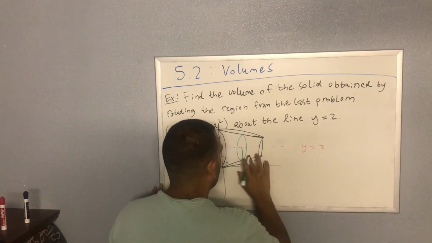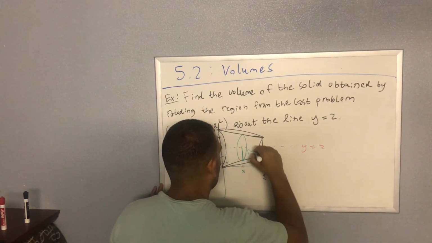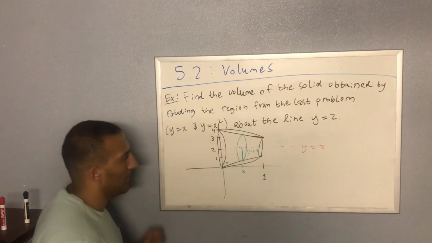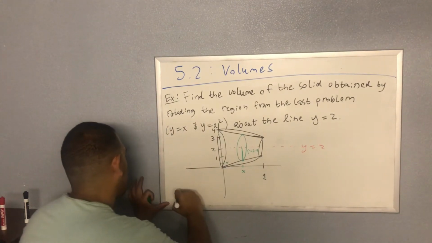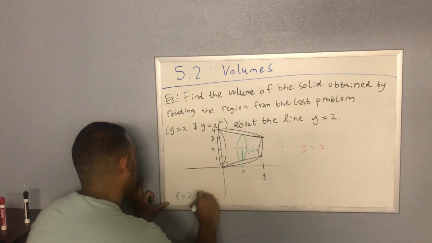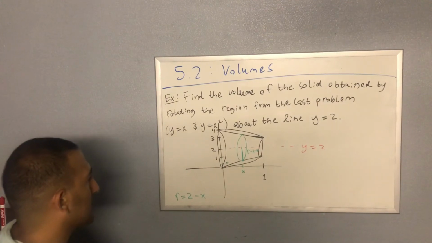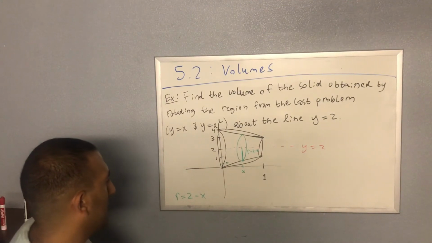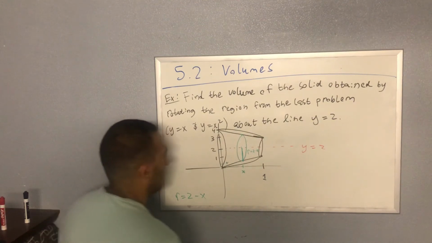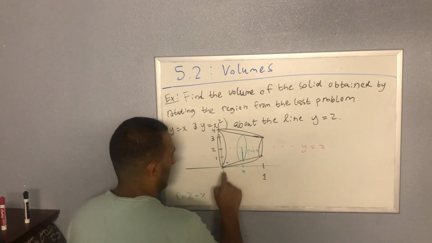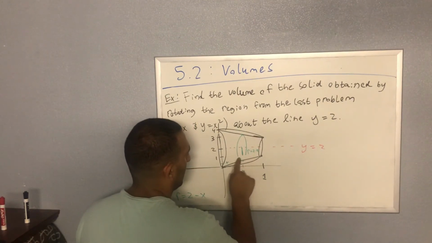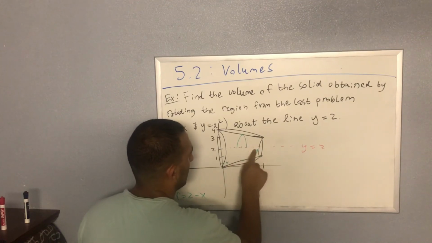So this is 2 minus x. Maybe let me write that here bigger. So the small radius is 2 minus x. And then now, let's look at the larger radius.